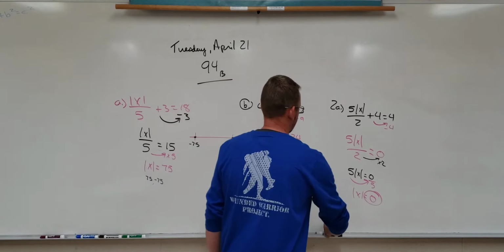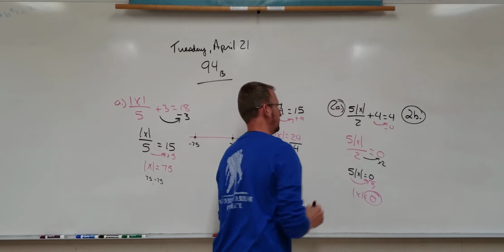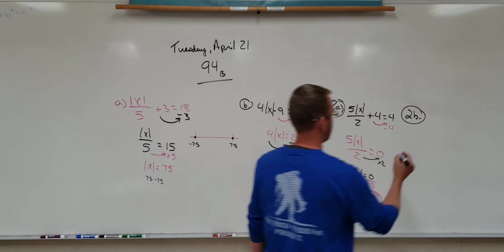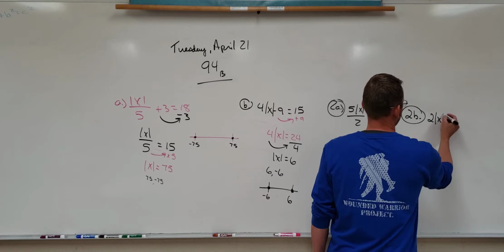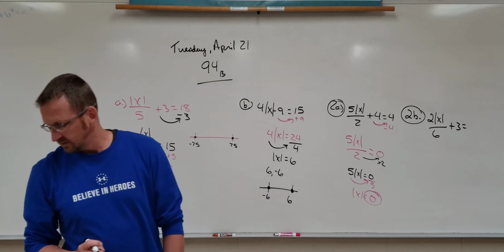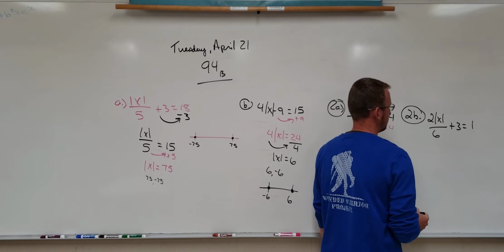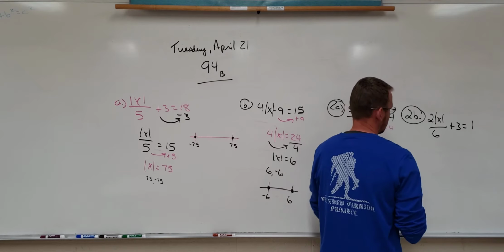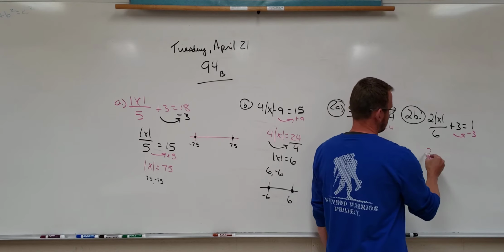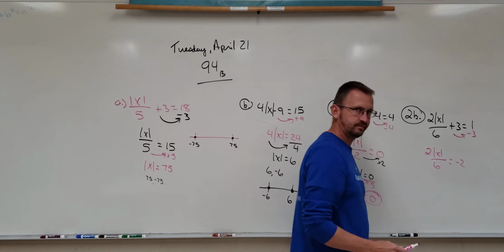Okay, so multi-step. Take a look at 2b: 2 times the absolute value of x over 6 plus 3 equals 1. Take our 3 over and subtract. 2 times the absolute value of x over 6 equals negative 2.